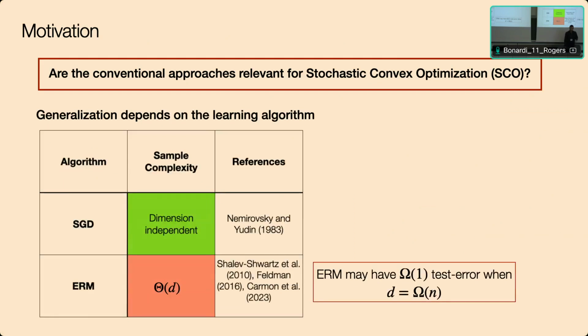And already in this setting, an interesting phenomenon happens. For example, the generalization in SCO, in stochastic convex optimization, depends on the algorithm. SGD generalizes optimally, but an arbitrary ERM may perform badly when the dimension is larger than the number of examples in the training set.